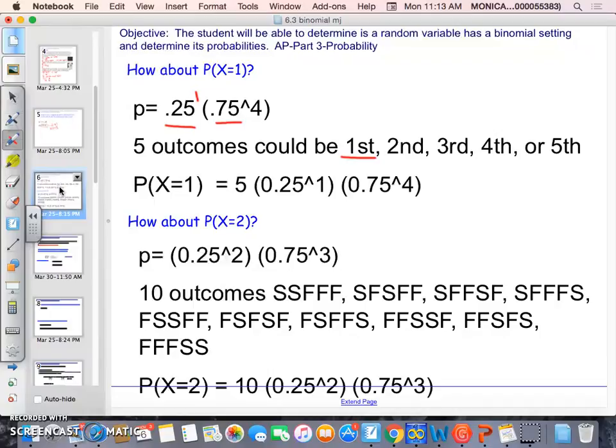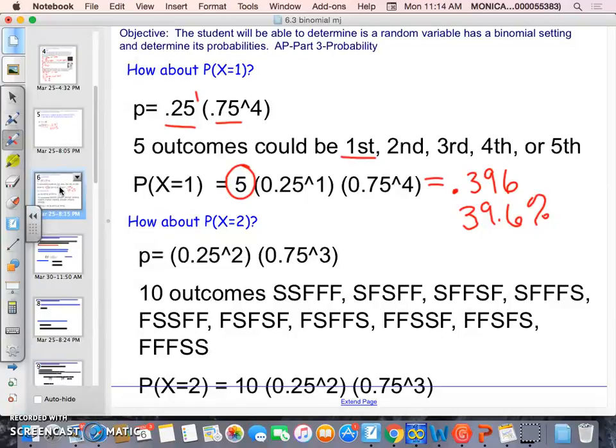So you do have to multiply by the total number of outcomes as well. And so when we set this up and type this into our calculator, we're actually going to type in 5 times 0.25 times 0.75 raised to the 4th power. And you actually end up with 0.3955, right? Or we can say 39.6% of the time, one child is going to have type O blood.